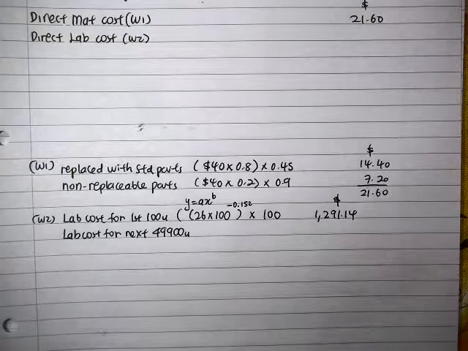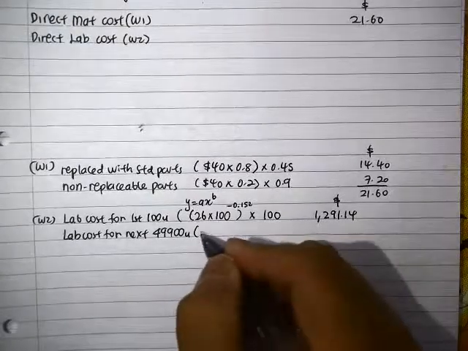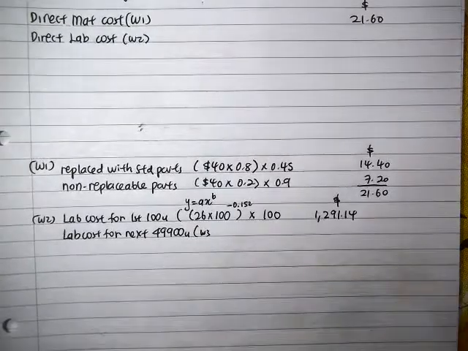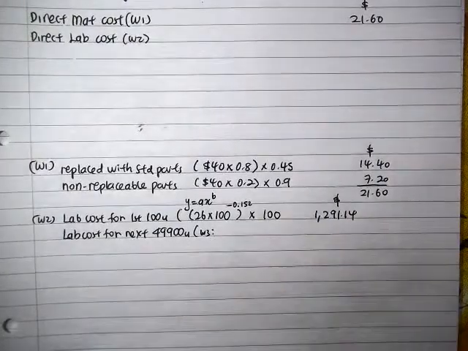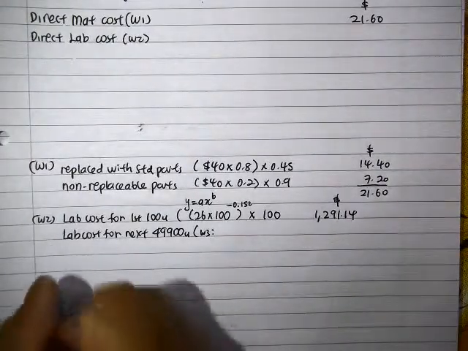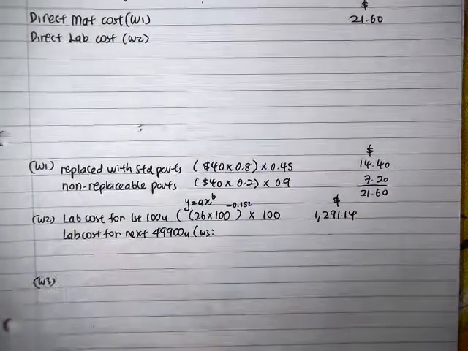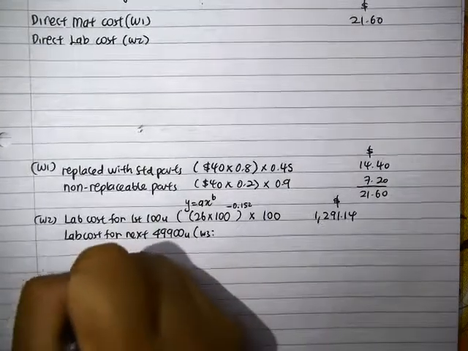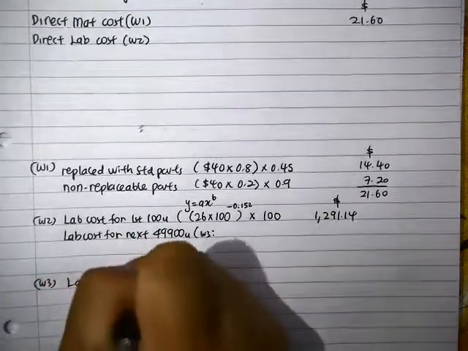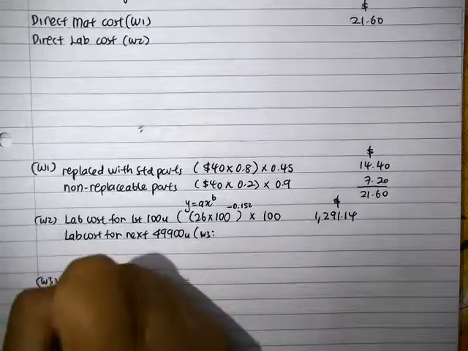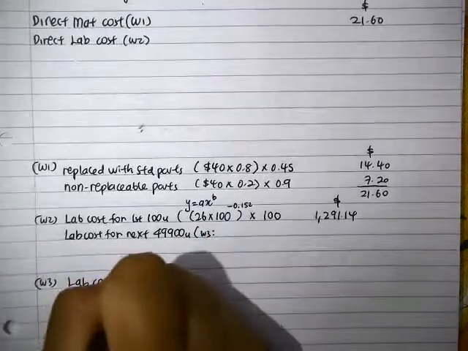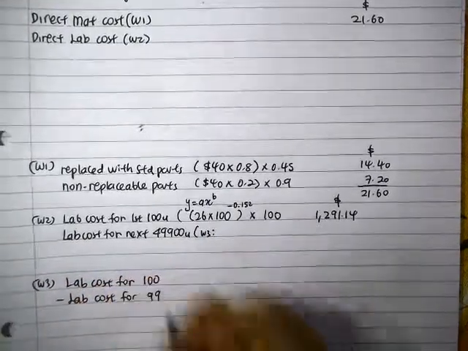Then the cost for the next 499, I must take the labor cost for 100 minus labor cost for 99.